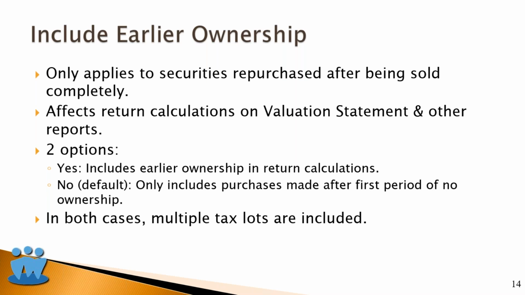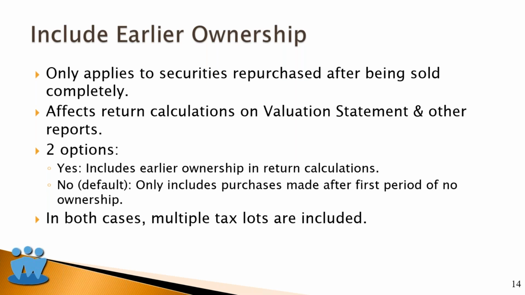So the idea is that you could see the overall returns from that one stock that included the time that you bought it before and sold it, or you could focus on only the most recent holding. So after there was a period where you didn't own the stock, when you would purchase it back. And again, this could reset several times.